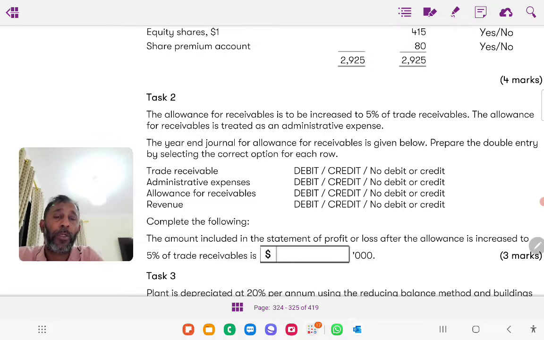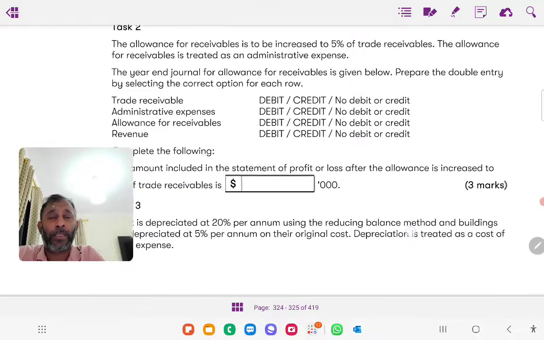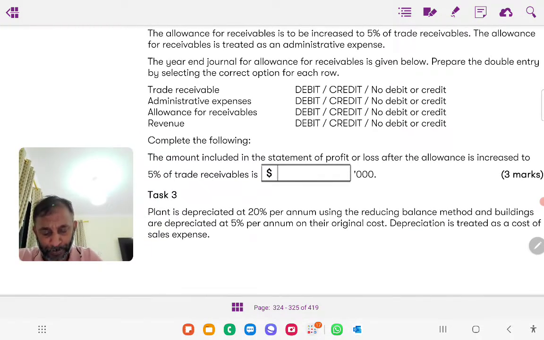Revenue, no debit or no credit. The amount included in the statement of profit or loss is 6,000. So you just need to write 6 here. Remember, they have already written 3 zeros, so you should only write 6 there.